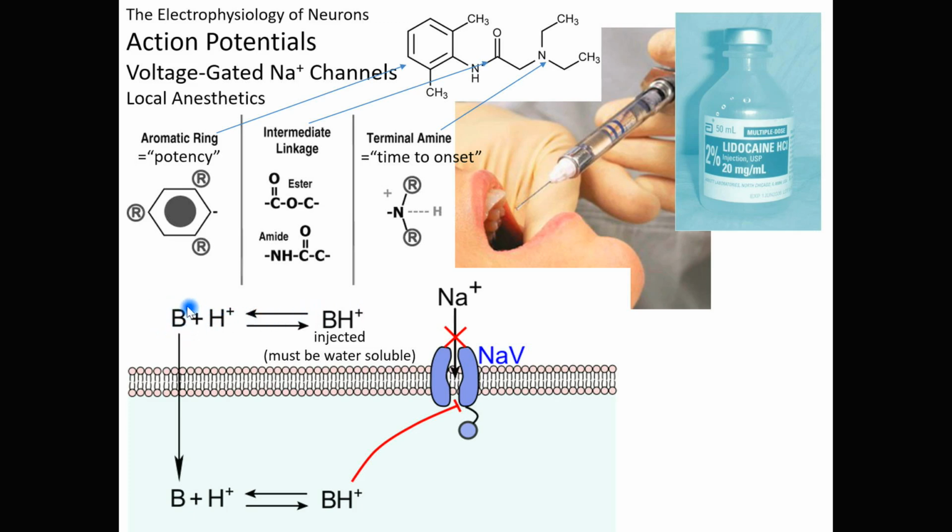And then the non-protonated version, which because of the aromatic group is going to be generally membrane permeable, will then enter into the neurons. It'll reprotonate inside, and then in that protonated form, it will bind to the inside face of the voltage-gated sodium channel, blocking its ability to transmit sodium ions through it, and therefore you won't be able to get any action potentials, and so there won't be any nervous communication, there won't be any pain sensation or perception. So that's how they work.